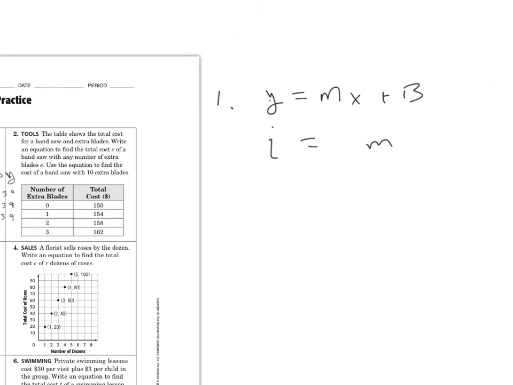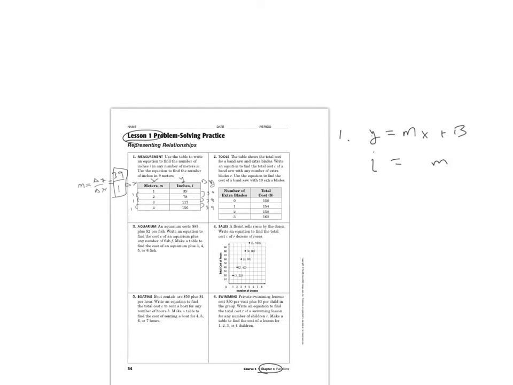So when they give us a table, we get the slope by doing that simple calculation. We get I is equal to 39m. Okay, so that's our equation.